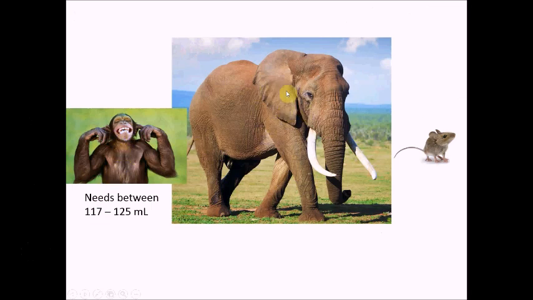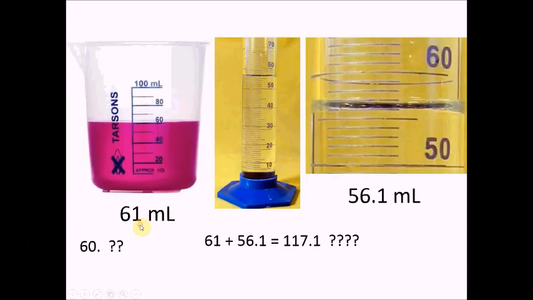So we talk to the elephant lady and we talk to the mouse lady and we see how much tranquilizer they have on hand because we don't have any tranquilizer left. But this was our magic number that I made up. We need between 117 and 125 milliliters. So we talk to the elephant lady and she is using this piece of measuring equipment right here, sort of a plastic beaker.